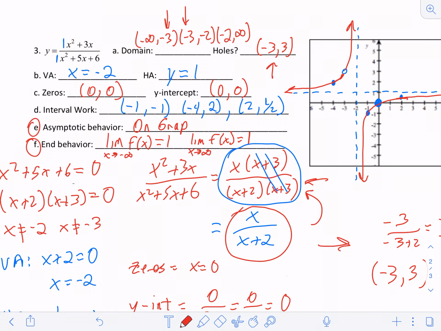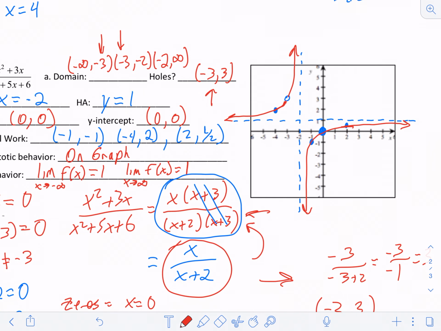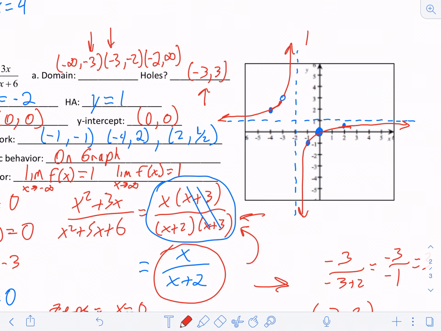Now, what are my limits going to be for my asymptotic behavior? And again, I'm going to put them on the graph. So I'm going to go ahead and label them up here. So what's happening on this one up here? The limit as x approaches -2 from the left, the limit of that is going to be infinity because I'm going up all the way up to the top, way off the page.